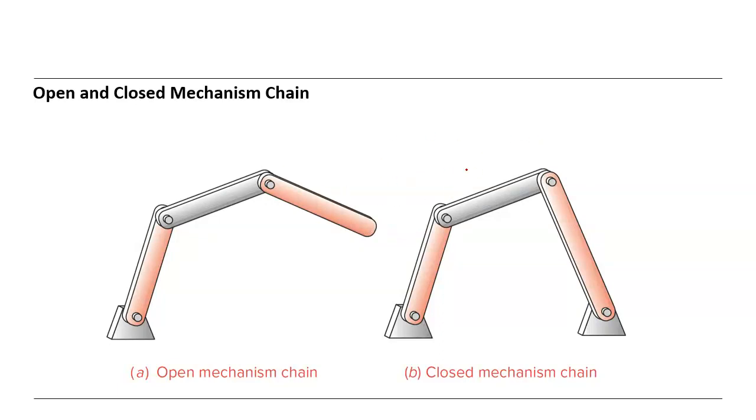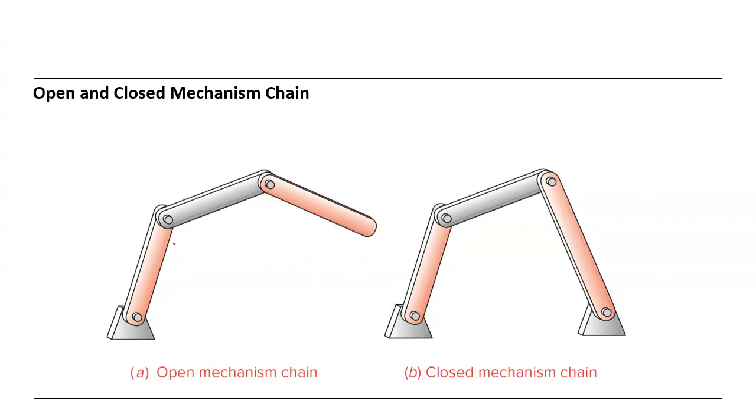This is an open chain because this is not closed, and this is a closed chain. This is a closed mechanism chain. This is open, actually not a chain, but an open mechanism. This is closed.